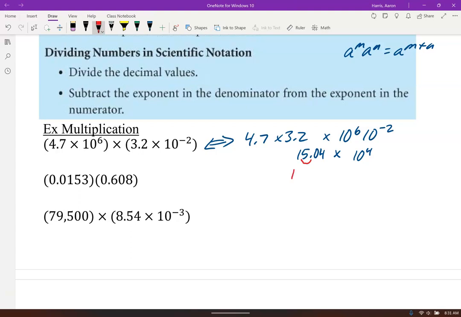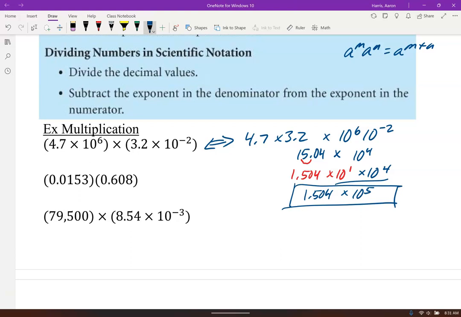So I gotta write that as 1.504 times 10 to the 1, and I still have that 10 to the 4th right there. Well, 10 to the 1 times 10 to the 4th is 10 to the 5th. Okay? That's how I'm going to do that one.